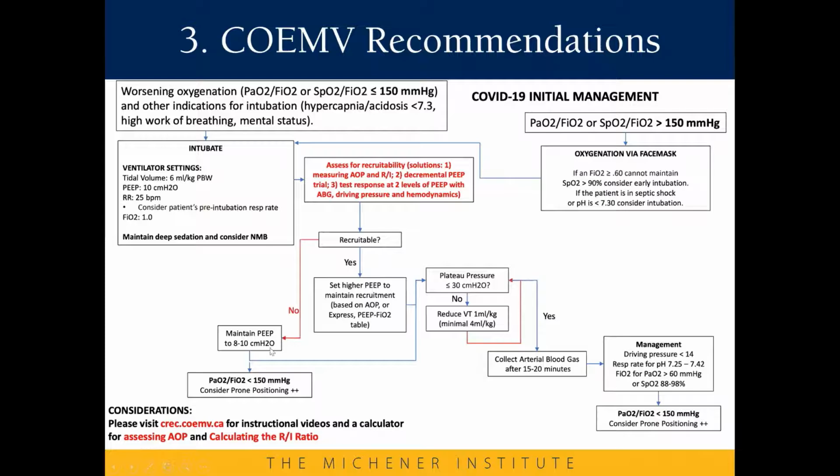If they're not recruitable, we're going to keep our PEEP from 8 to 10 centimeters of water, so long as our plateau pressures are less than 30 centimeters of water. And the other thing we're going to consider for the people who are non-recruitable is proning if their PF ratio is less than 150.